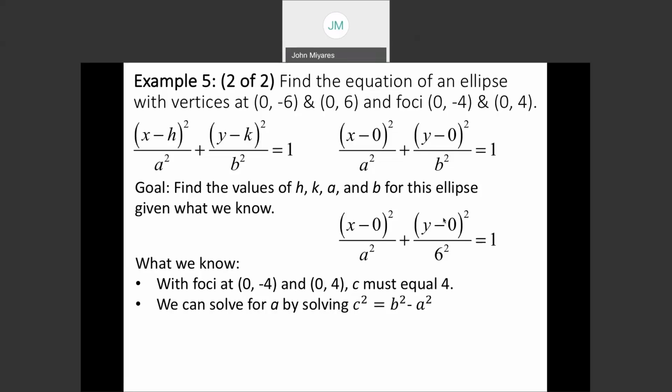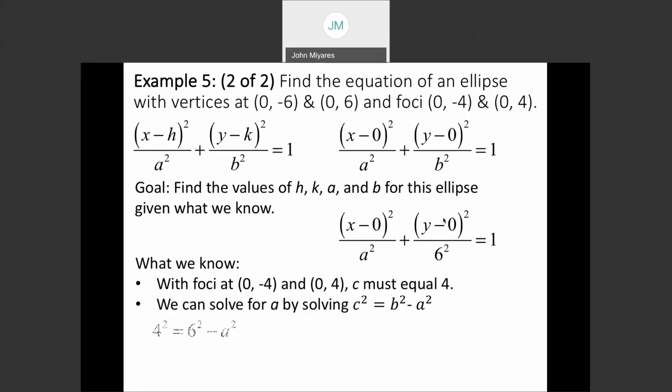Finally, we can solve for that missing value a by using the equation c squared equals b squared minus a squared. We know it has to go that way in this formula because we always take the semi-major axis squared minus the semi-minor axis squared to get c squared. The vertical axis is the major axis, so we have to write this as b squared minus a squared.